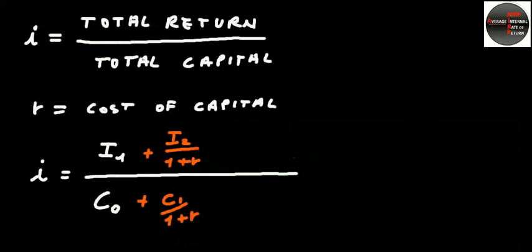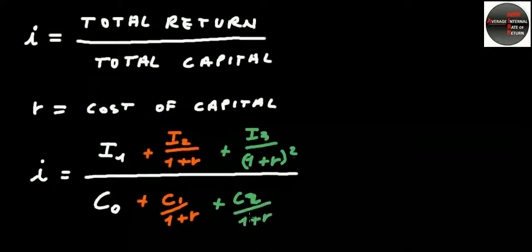And if the project is a three-period project, we just have to add the third income discounted by two periods, and at the denominator we have to add the third capital C of 2 discounted by two periods, and so on until the last period.